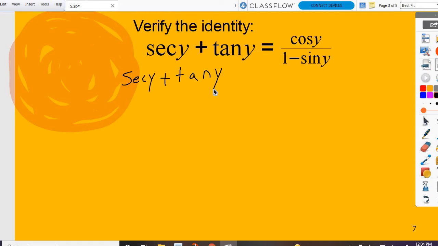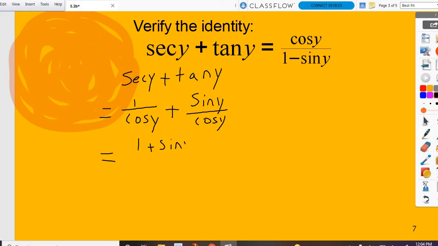So what is secant in terms of cosine or sine? 1 over cosine. And what is tangent? Sine over cosine. So I have two fractions. But what's nice? They already have the same denominator. So we end up with 1 plus sine of y divided by cosine of y.